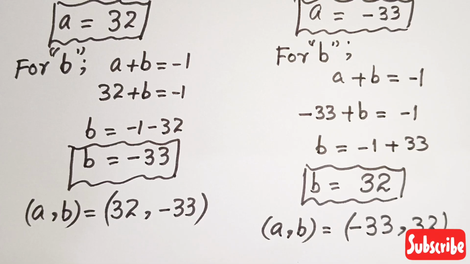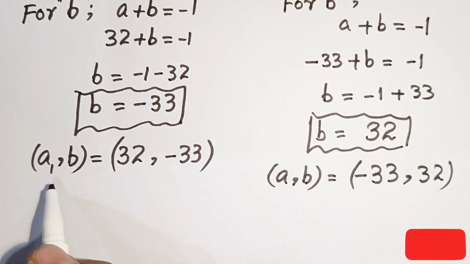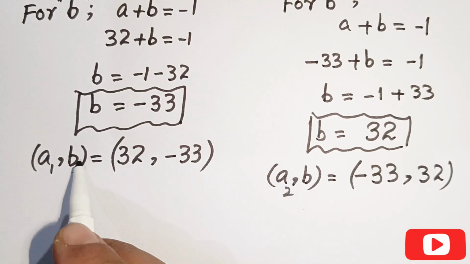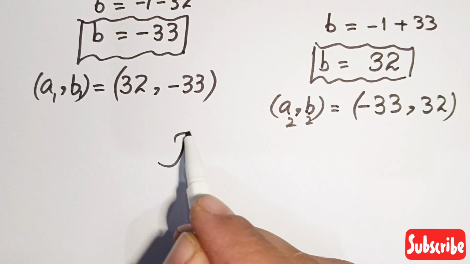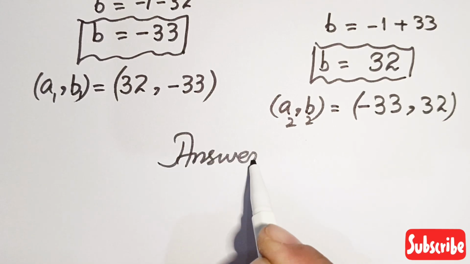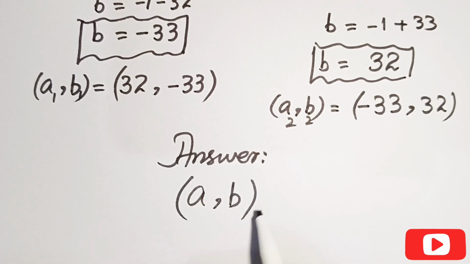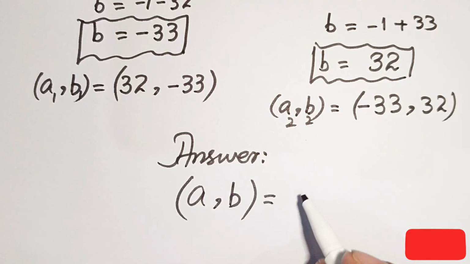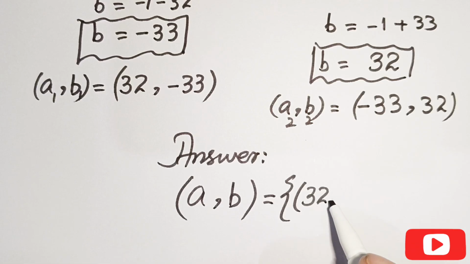Now we have two values of a and two values of b. So let's say it is a1, it is a2, it is b1 and it is b2. So our final answer is that the value of a and b is, first value of a is 32 and first value of b is minus 33.